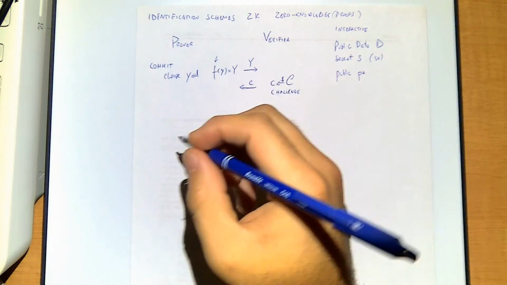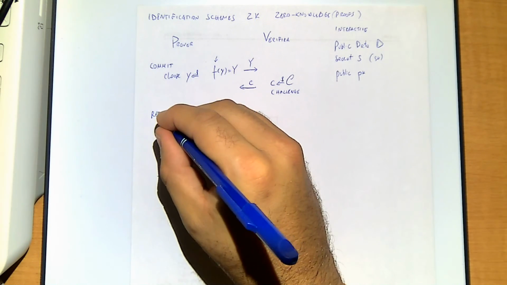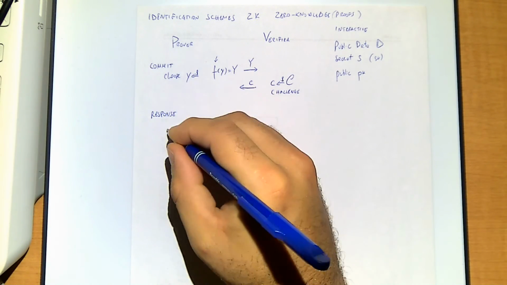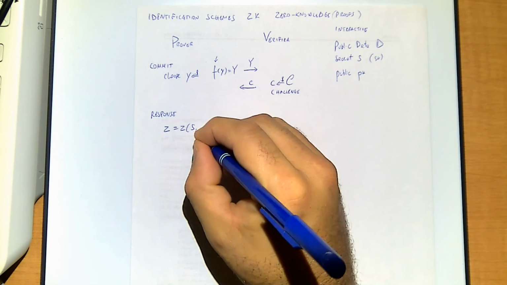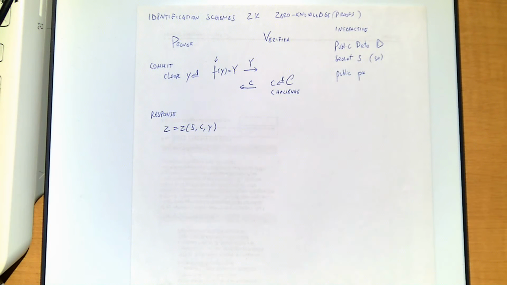Then the prover actually computes a response z, which is going to be a function of the secret, the challenge, and the commitment. So it has to take into account everything. And we said that the scheme has to be zero knowledge.